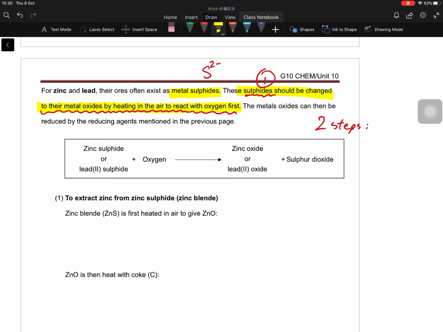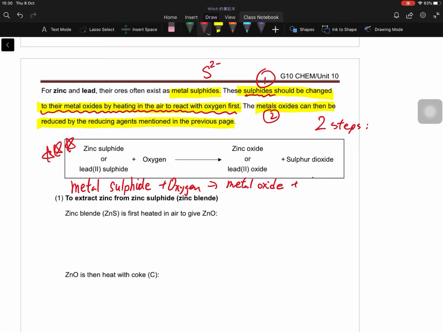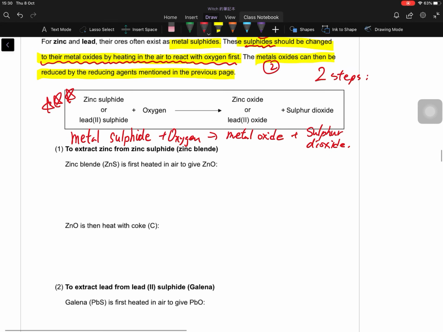The second step is that the metal oxide will be extracted by the method we mentioned above. Here is the word equation that you should memorize: metal sulfide reacts with oxygen to form metal oxide and sulfur dioxide. Very good, so that's how the reaction undergoes.